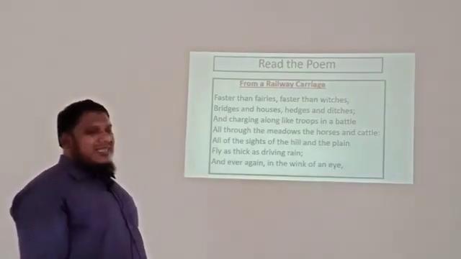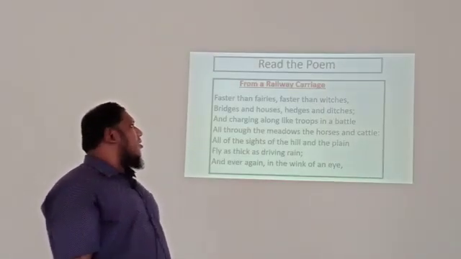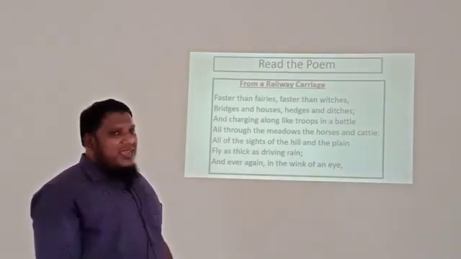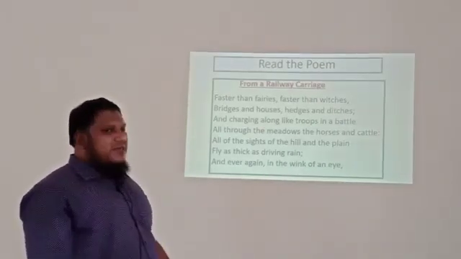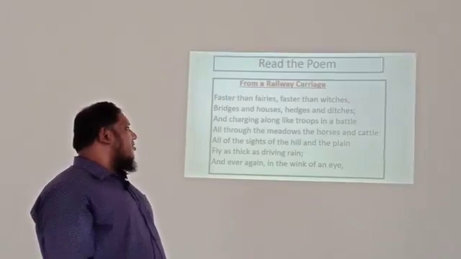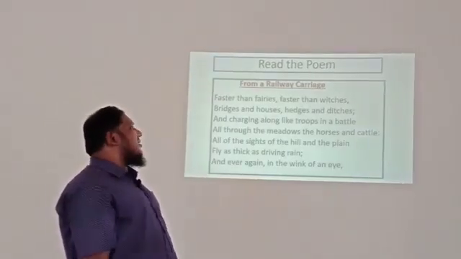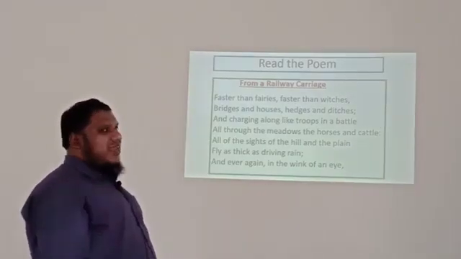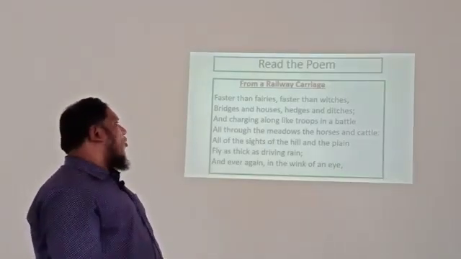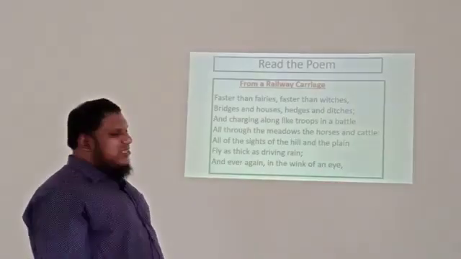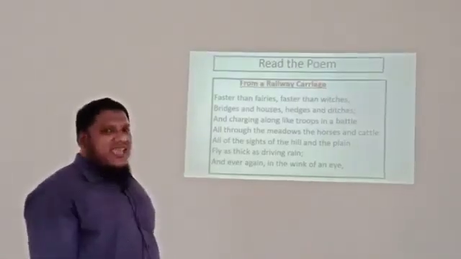Here it is mentioned that Robert Louis Stevenson took the main picture of the atmosphere: faster than fairies, faster than wishes. Here the poet wants to say that the train is moving faster than fairies.